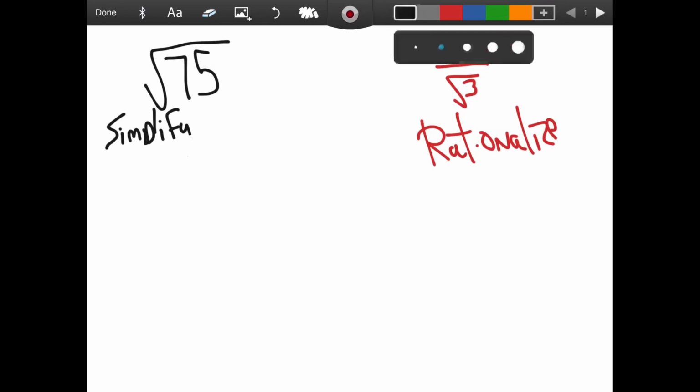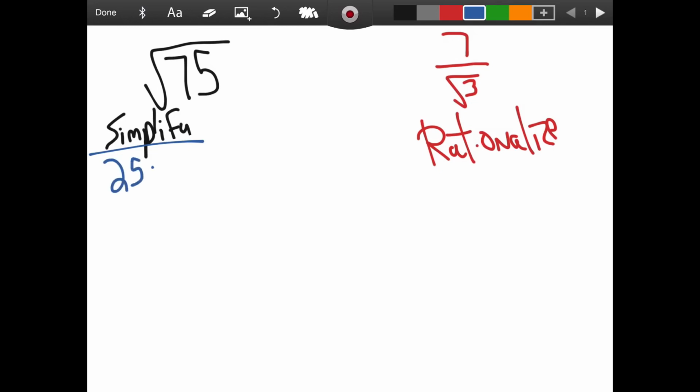If we have something like this example on the left, where we have to simplify it, in order to solve this, we have to find the greatest perfect square that's also a factor of 75. And we can realize that 25 is definitely this greatest factor. That's a perfect square. And 25 times 3 equals 75.